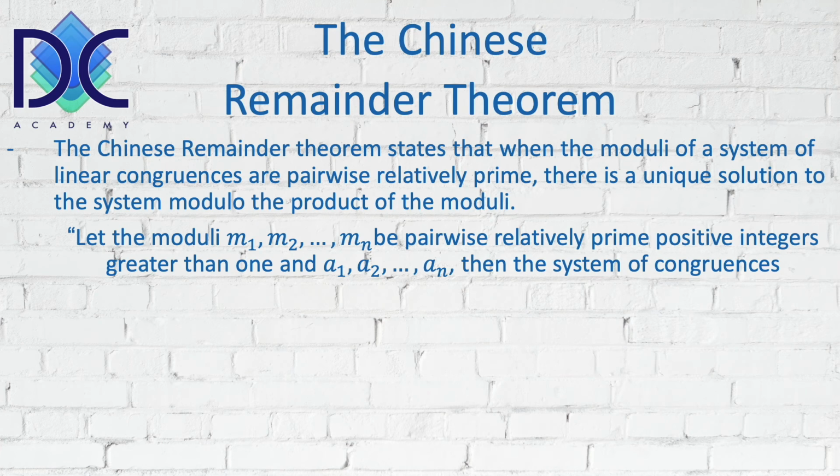And we have the positive integers m1 up to mn, and a1, a2, up to an.